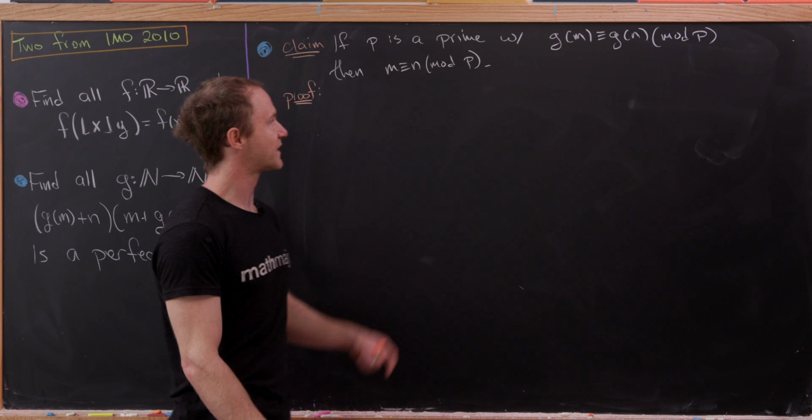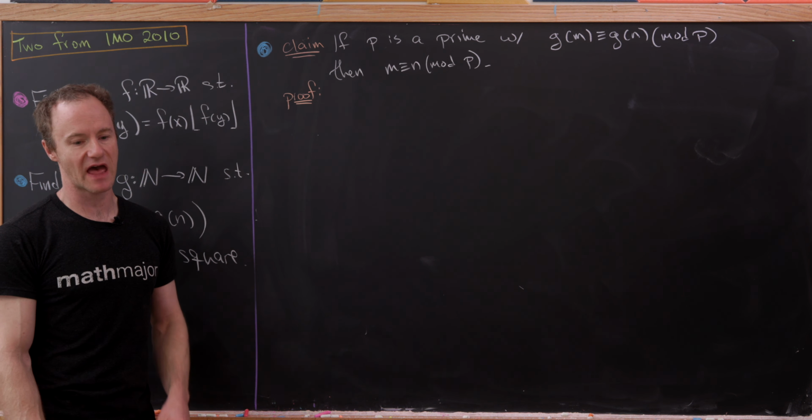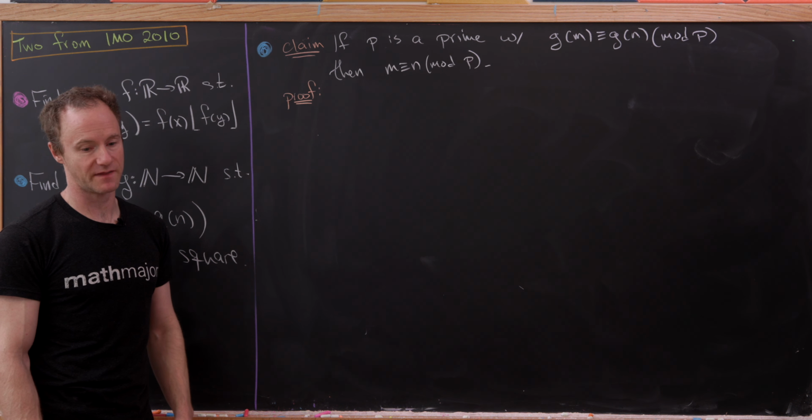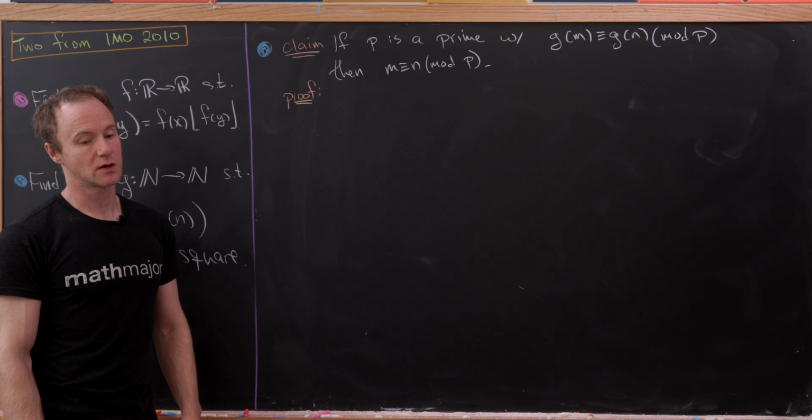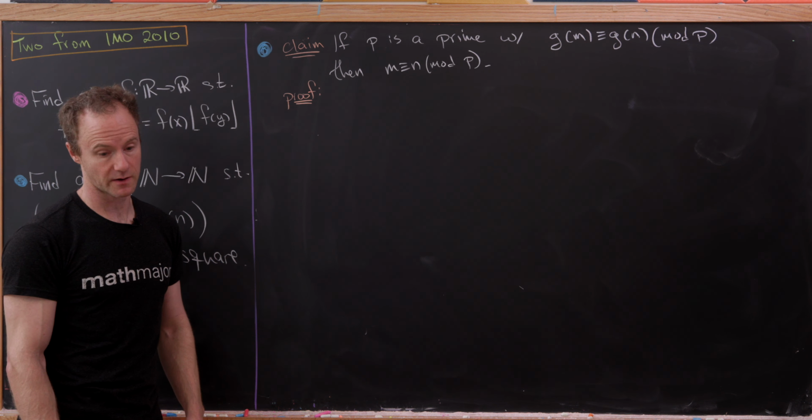Now, we'll start with the following claim, which will do a lot of the heavy lifting. And that is, if we've got a prime p and g of m is congruent to g of n mod that prime, then m is congruent to n mod that prime. Okay, cool. Now, let's see where we can go from there.